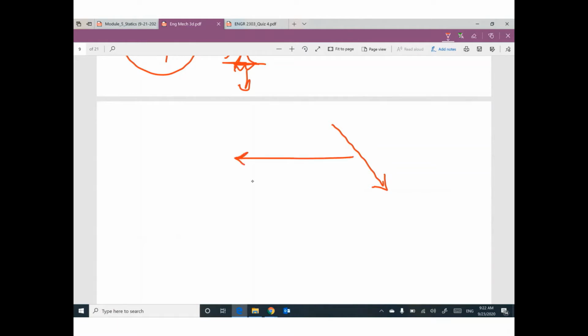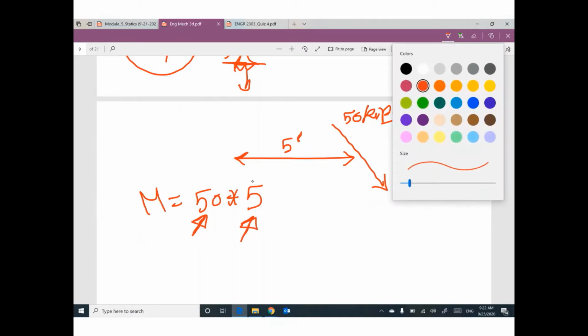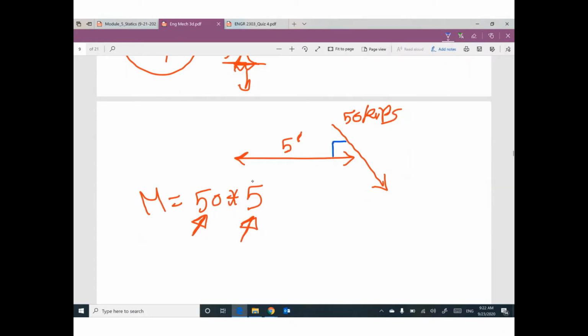This one is 5 feet. This force is 50 kips. And you are saying the moment equals 50 times 5, because you will say, hey, the instructor said force times distance. But this force and this distance are not perpendicular. What you did is wrong. Your force and your distance must be perpendicular.